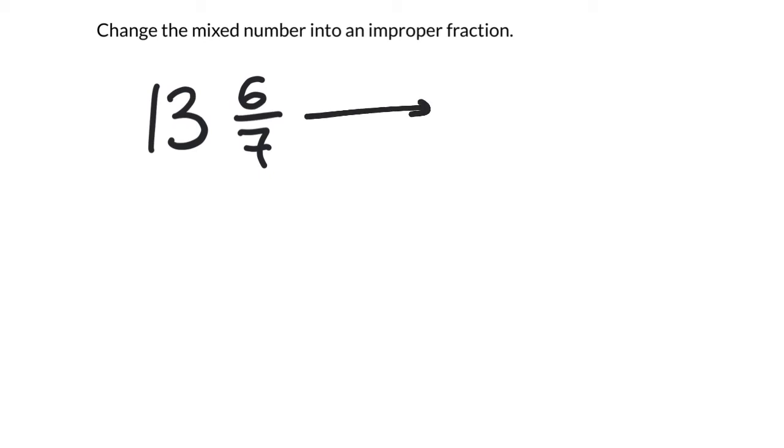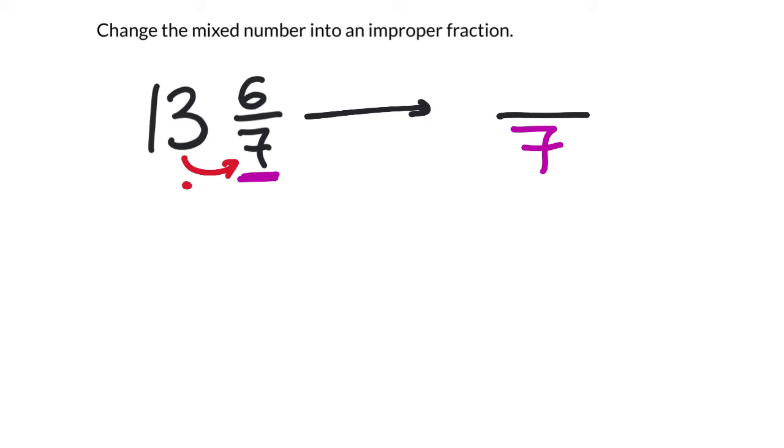Actually, before that, I can identify the denominator, which in this case is 7. So my new denominator, not really new, will stay 7. That takes care of one of the two values that are part of our improper fraction, but I'm going to apply the cycle method to find my numerator.